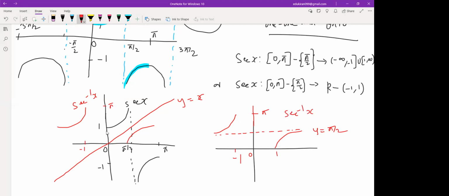And if you draw it combined in the same graph, you will see the black one is sec x and the red one is sec inverse x. So sec inverse x is R except -1 to 1, to 0 to pi except pi by 2.